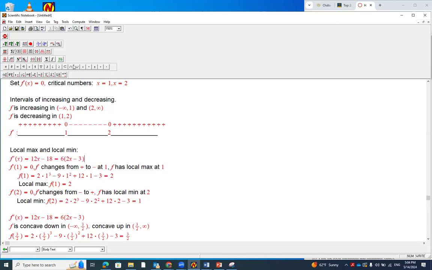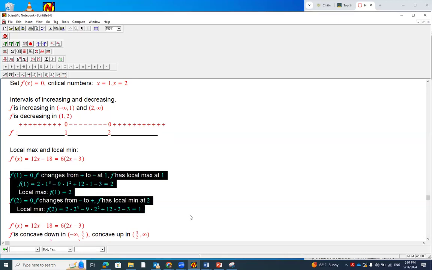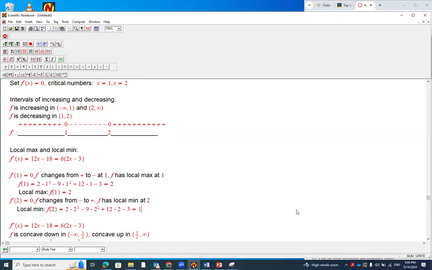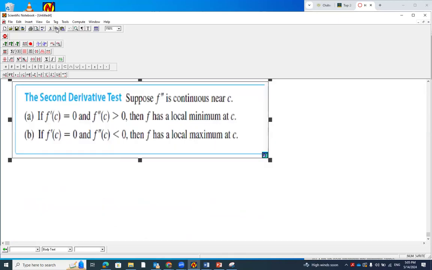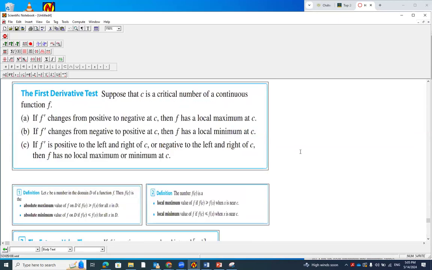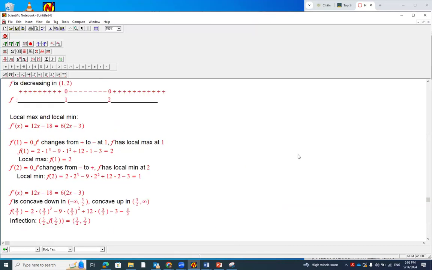And what you do, I'm going to bring up the second derivative test. And you're going to remove all of these. I'm going to bring you the second derivative test right in front of you. You can see how easy it is to use it.